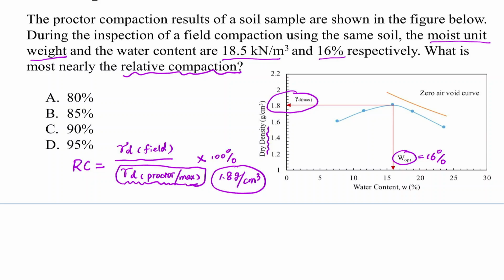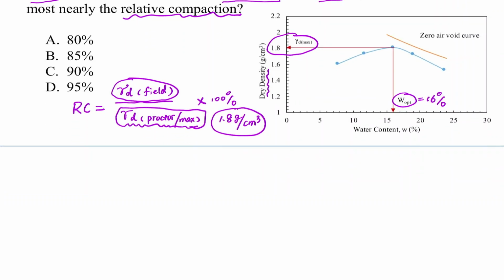We can do that conversion a little bit later. This one is a little bit tricky in this problem because you are only given the moist unit weight and the water content, but you have to calculate the dry unit weight. So we'll start with the first one, calculating the dry unit weight of the field condition.